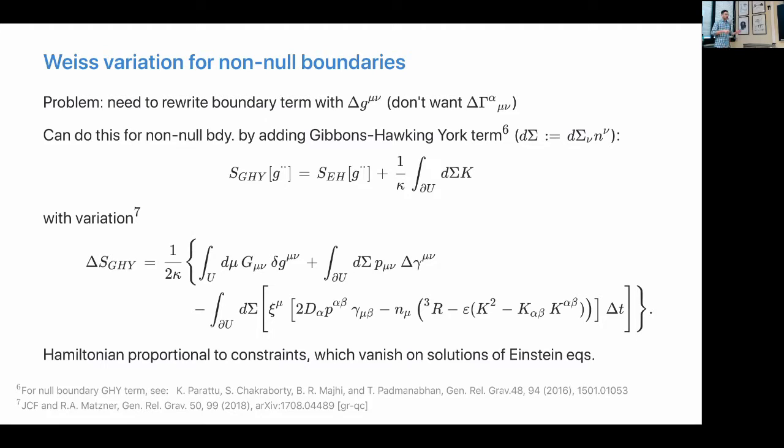Now these quantities are all defined with respect to a 3+1 type decomposition. So this gamma is the projection operator onto the boundary surface. This P is defined in terms of the extrinsic curvatures.